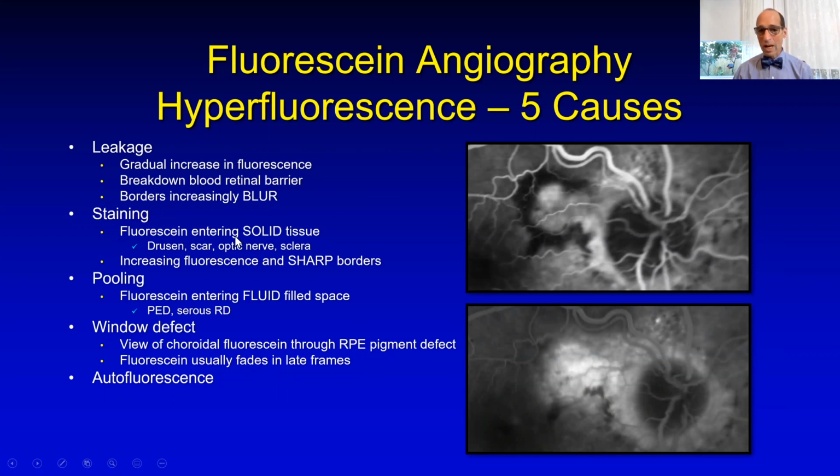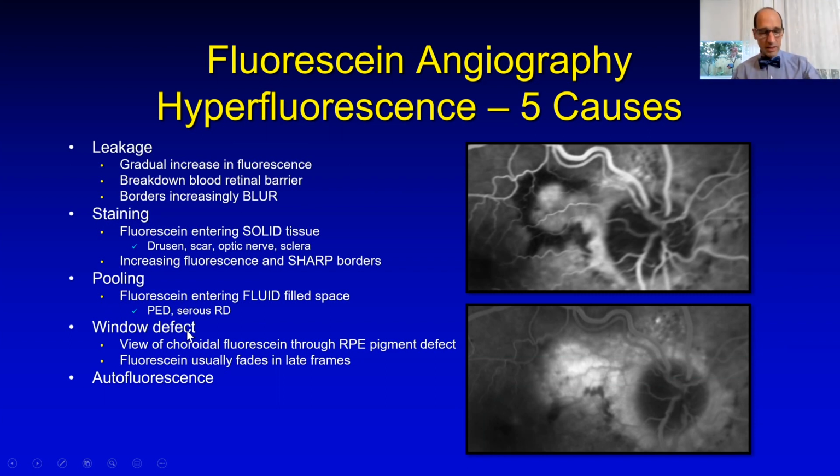Examples of staining you see all the time are drusen stain, the scar can stain, the optic nerve can stain, and those will all have sharp borders. Examples of pooling are a PED or a serous retinal detachment, like you would see in someone with central serous retinopathy. So leakage is when it blurs. Staining and pooling are both sharp borders with increasing fluorescence.